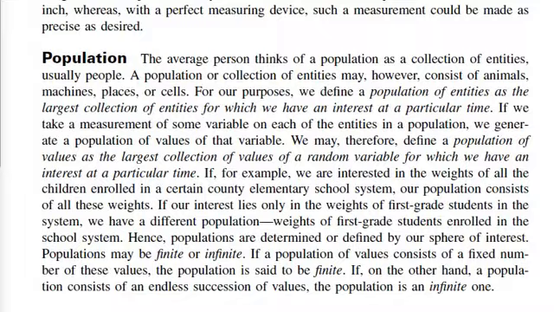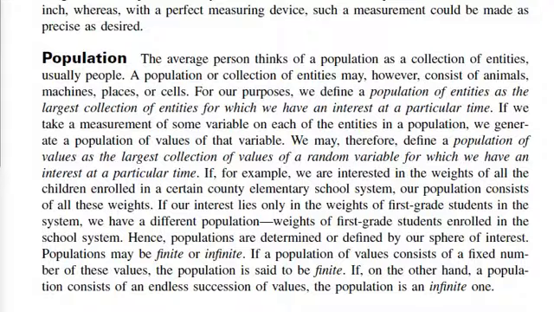Population. The average person thinks of a population as a collection of entities, usually people. A population or collection of entities may, however, consist of animals, machines, places, or cells. For our purposes, we define a population of entities as the largest collection of entities for which we have an interest at a particular time.